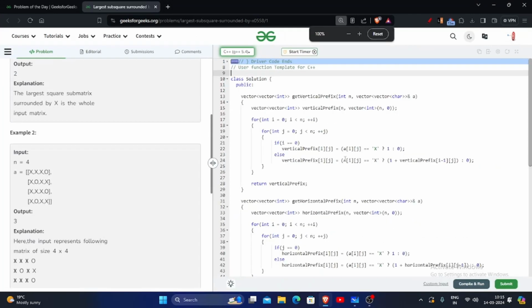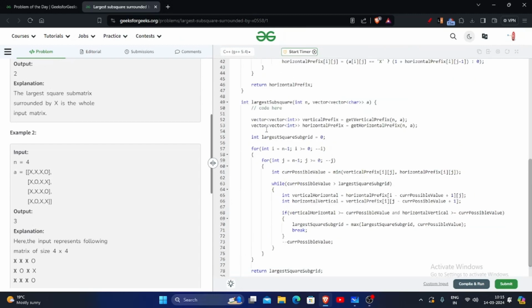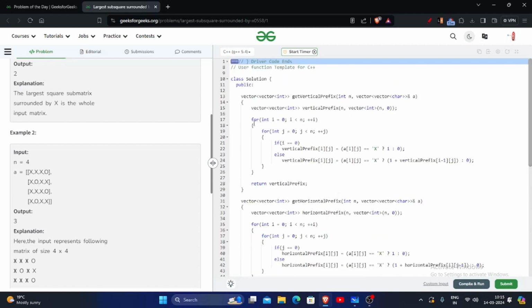So I have done nothing. I have just made the horizontal function, get vertical prefix, get horizontal prefix. So vertical prefix, I'm just making a prefix sum, you should be knowing this. If i is 0, then if it is x, give it as 1, otherwise 0.